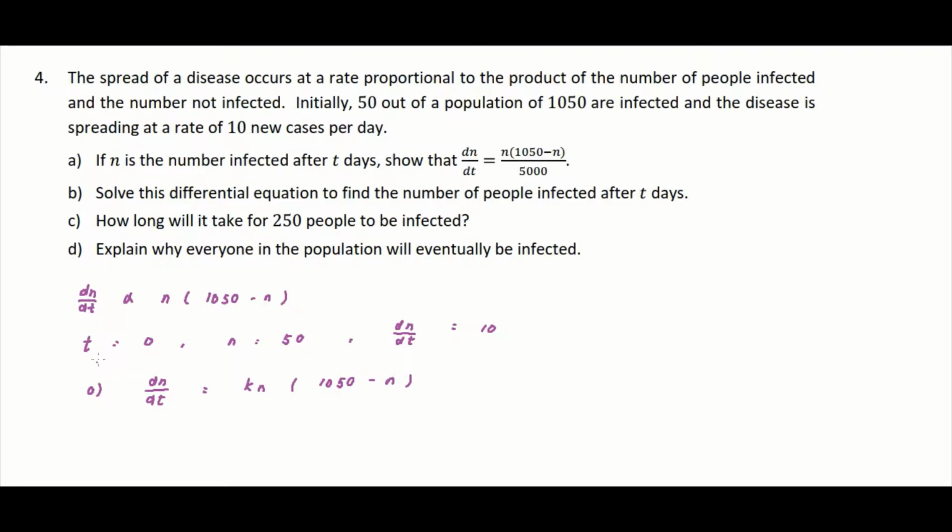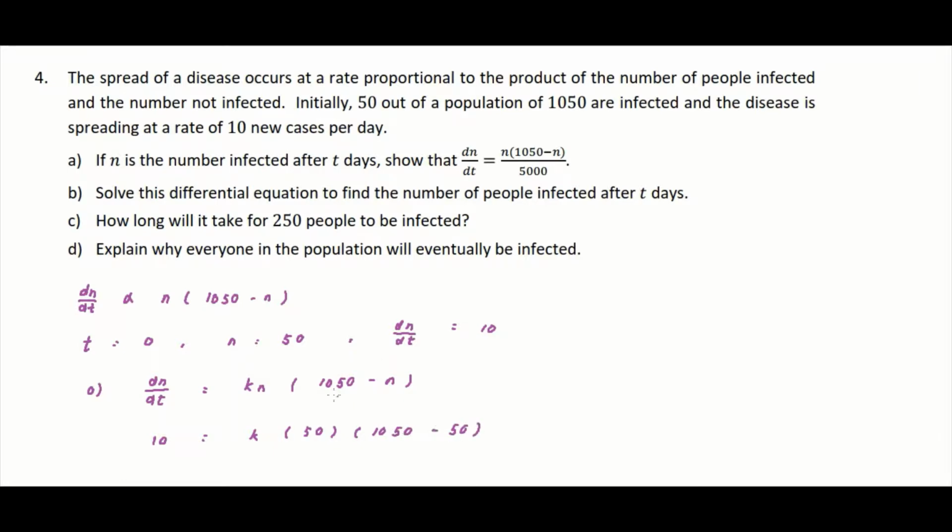You know that when t equals 0, dN/dt is 10, right? So we can substitute dN/dt as 10, and we want to find k. What is N? N is 50, when t equals 0. So that's 50 and 1,050 minus N, which is 50.